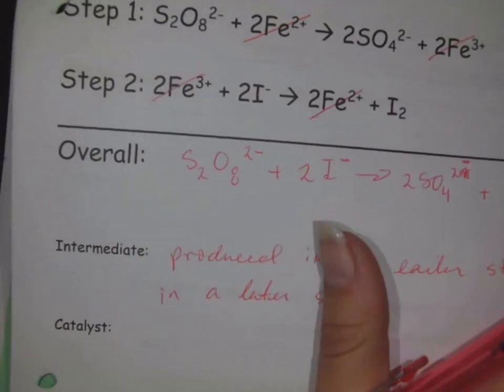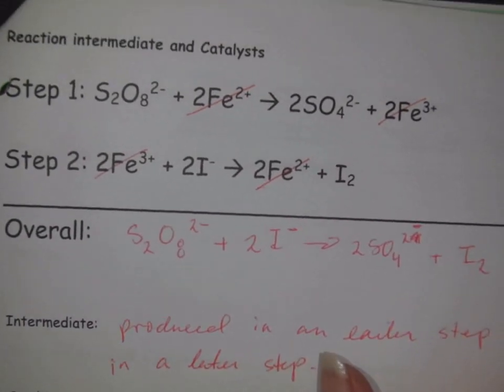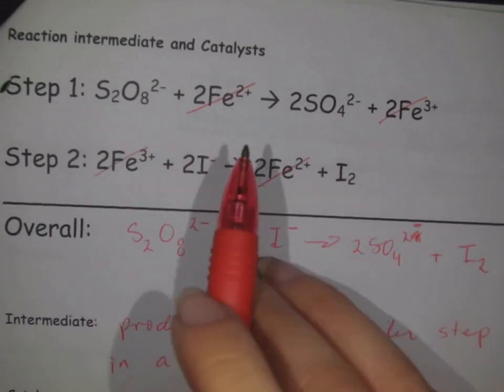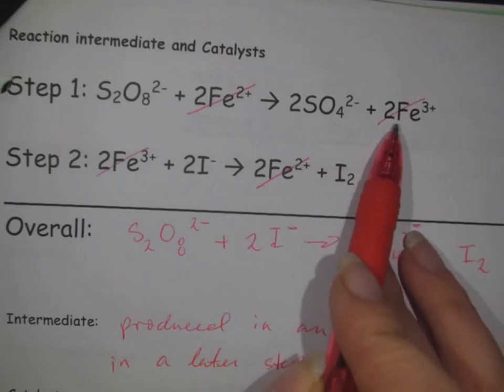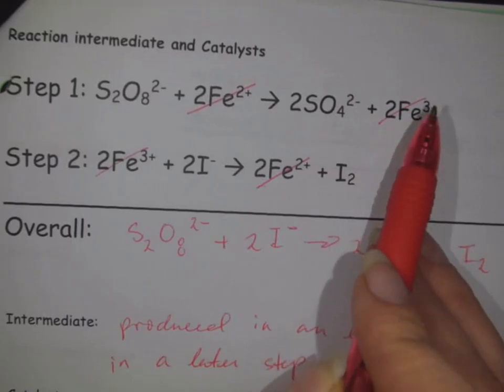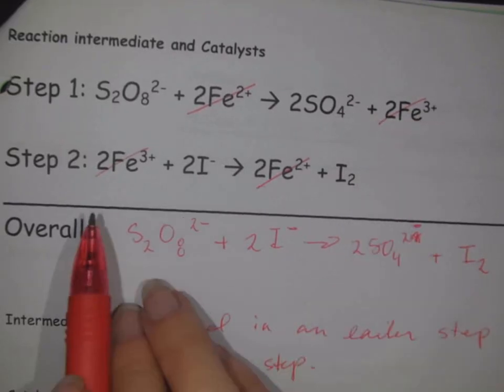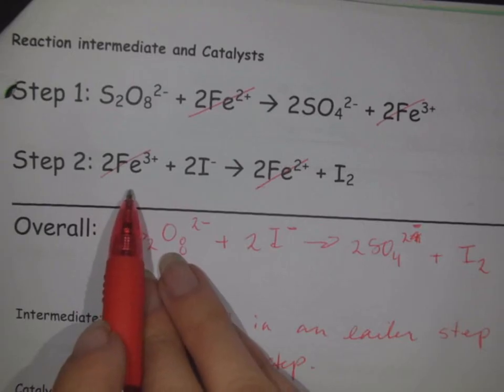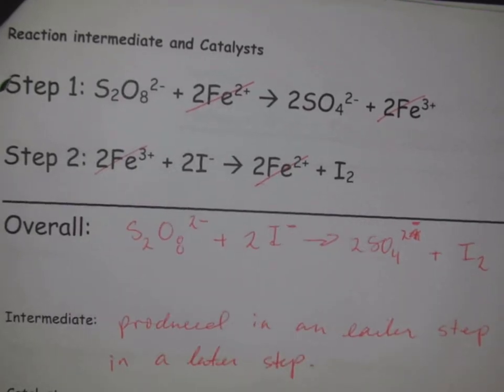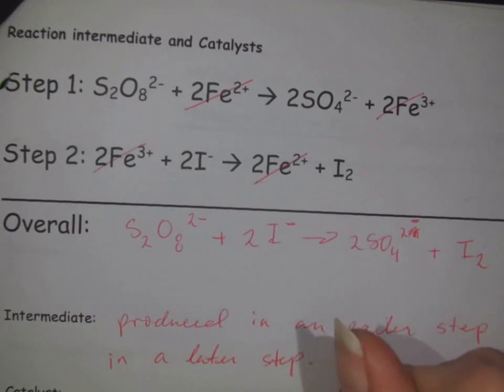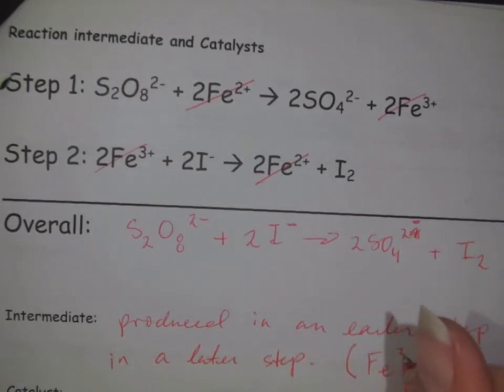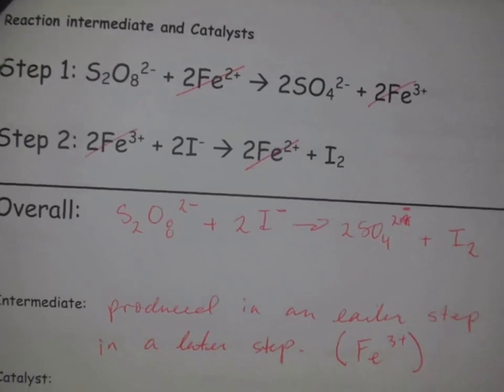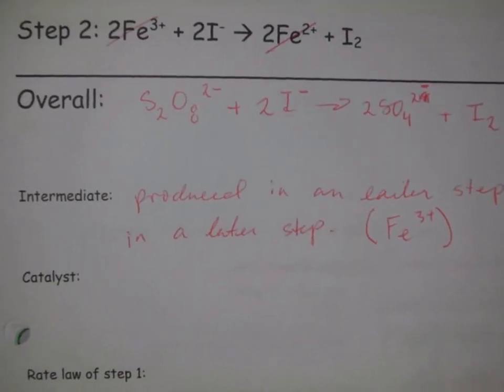Okay, so what is the intermediate? In step 1, we produced iron 3 ions, and then we consumed those iron 3 ions in a later step. This is the intermediate. So for the reaction above, the intermediate was the iron 3 plus. That's an example. For example, iron 3 plus in this one.